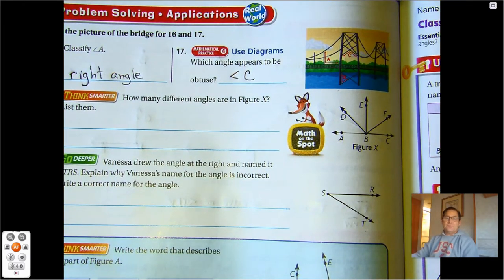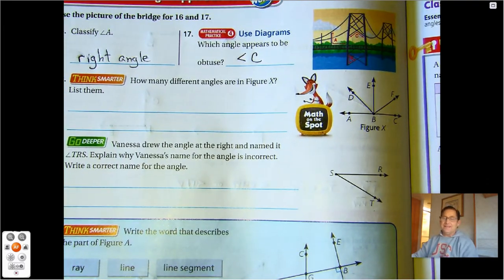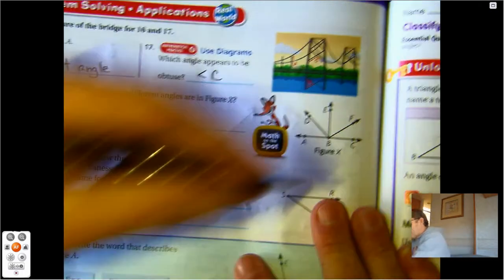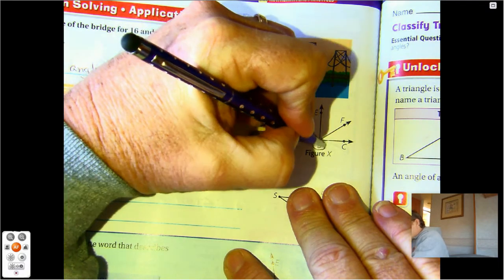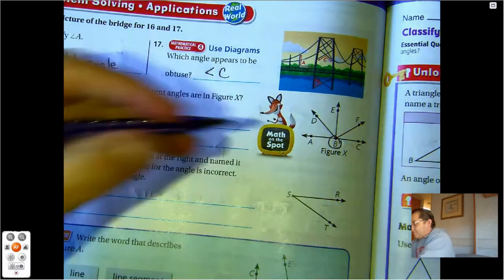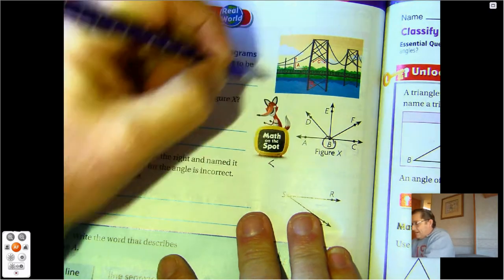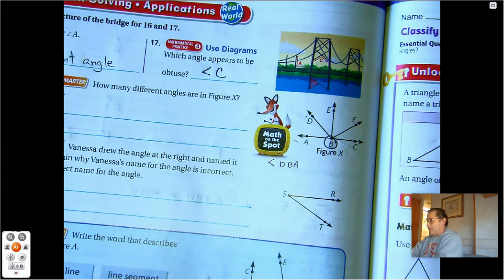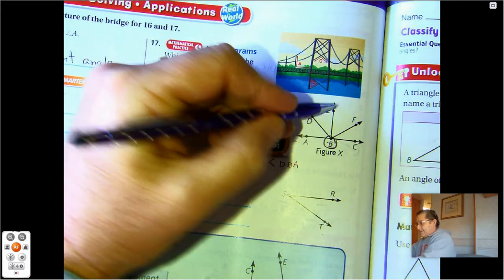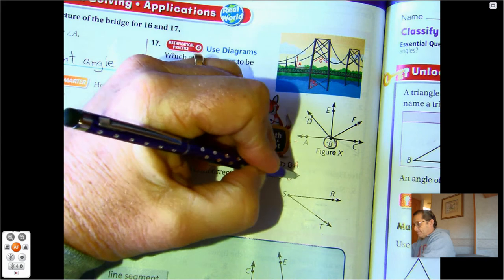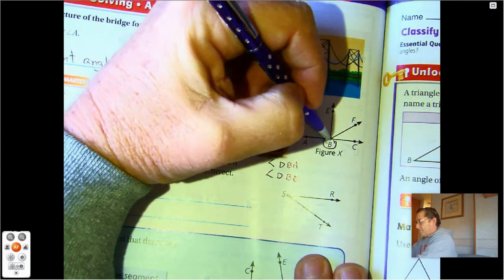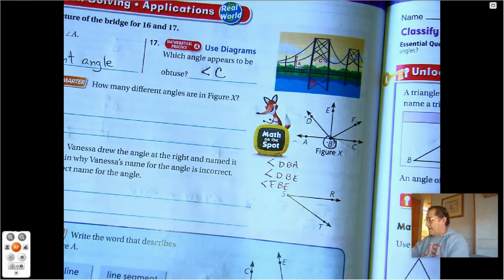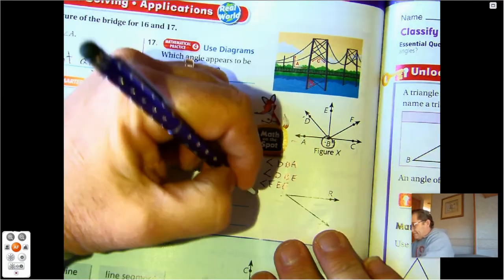How many different angles are in figure X? List them. Figure X. Okay, so let's look at B. I'm going to write them out. DBA. I have DBE. I have FBE. I have angle FBC.